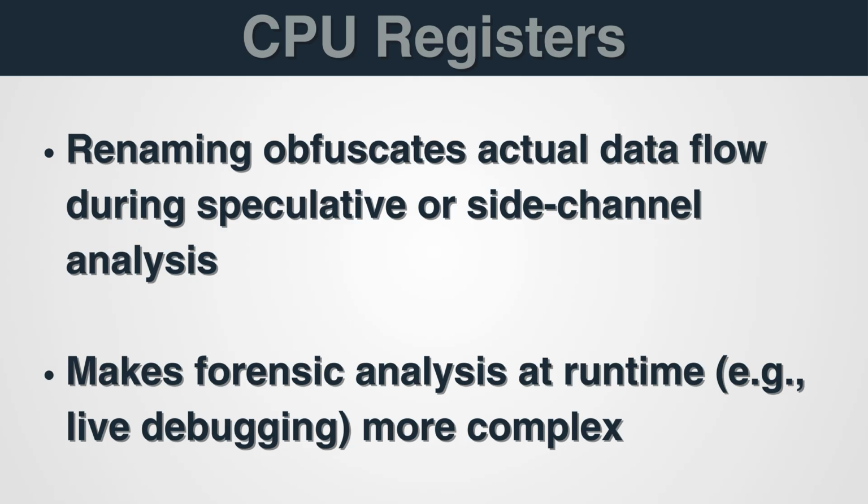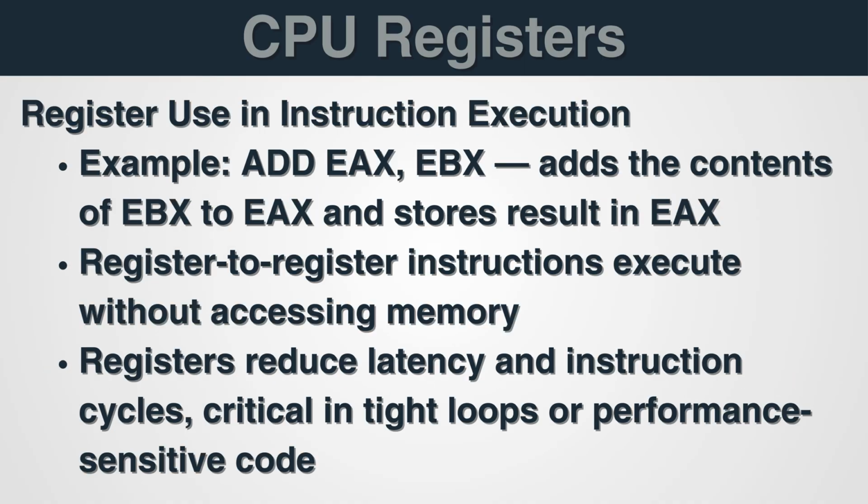As for security relevance, renaming obfuscates actual data flow during speculative or side channel analyses, and it makes forensic analyses at runtime, like live debugging, more complex. We have register use in instruction execution.